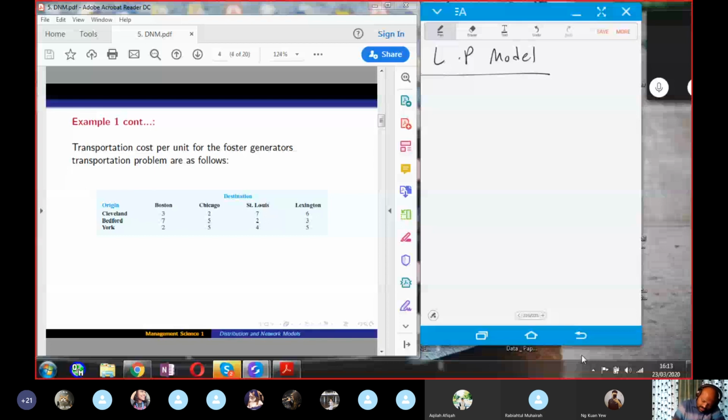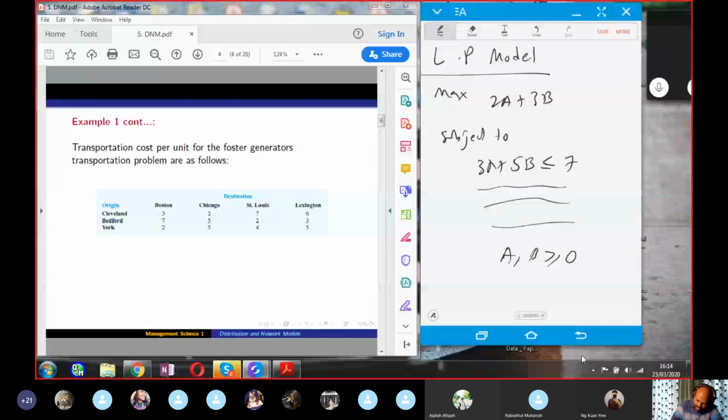The first thing is you will write something like 2A plus 3B, subject to some constraints like 3A plus 5B equal to 7, and so on.